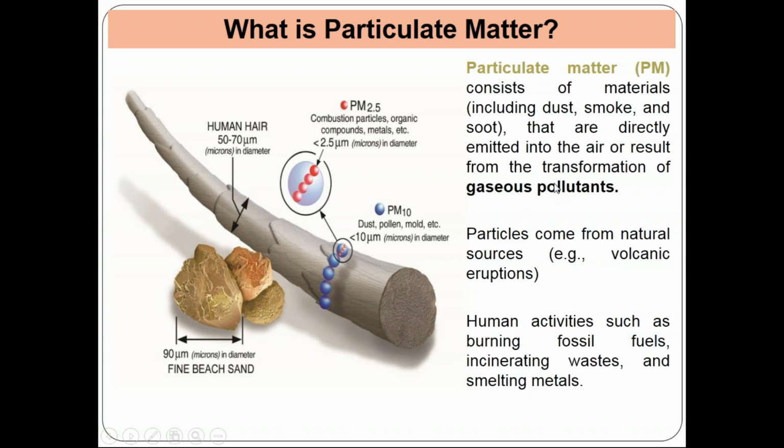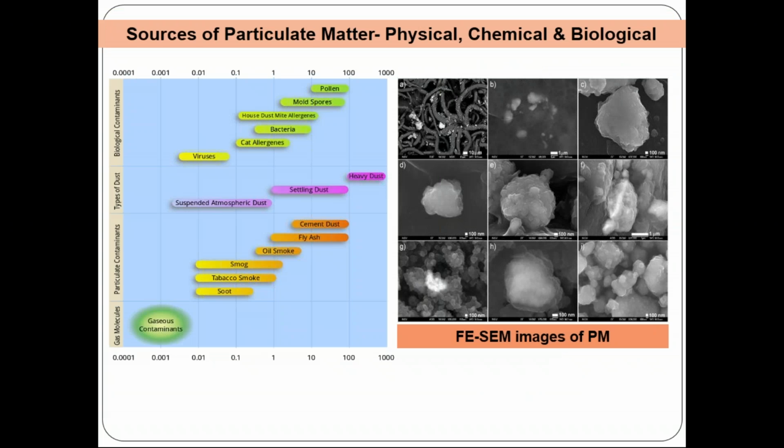Okay, so particulate matter is material like dust, smoke, or soot that is directly emitted into the air or results from the transformation of gaseous pollutants. These particles come from natural sources, for example volcanic eruptions, and human activity like burning fossil fuels, incinerating waste, or smelting metals, that is, industrial activity.